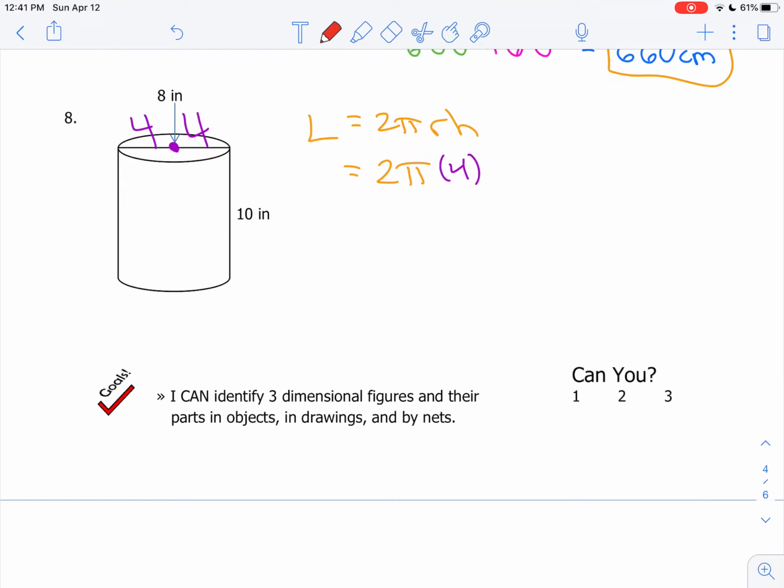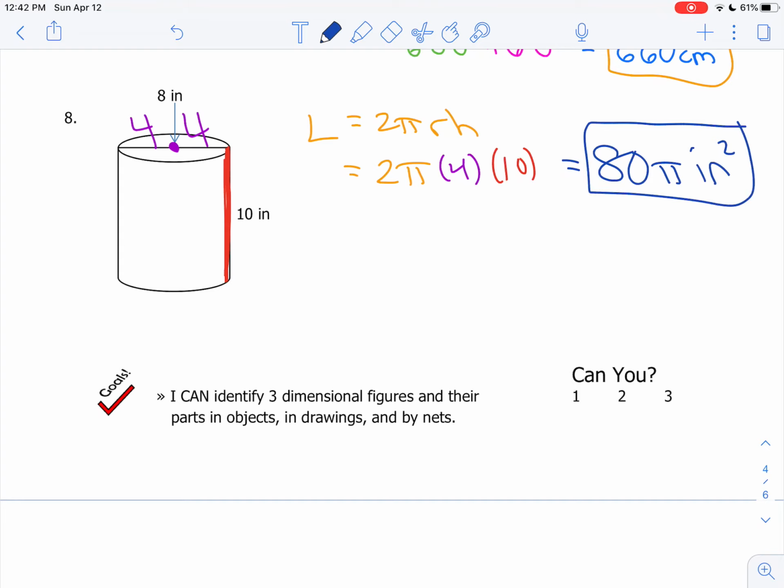And the H is the height, the distance between the circles, which is 10. 2 times 4 is 8, 8 times 10 is 80, so I'll call that 80 pi inches squared. You could make it a decimal too; I prefer not to spend time pressing buttons on a calculator, but if you think the decimal's better, that's fine.